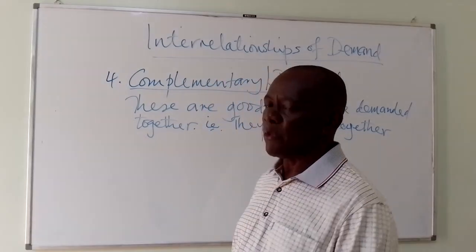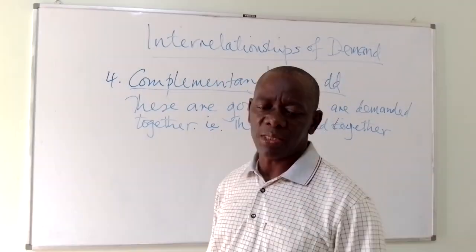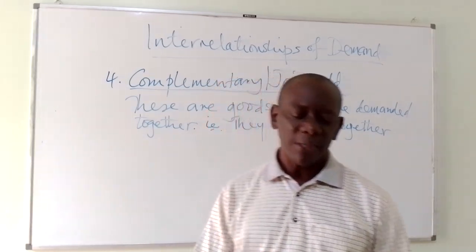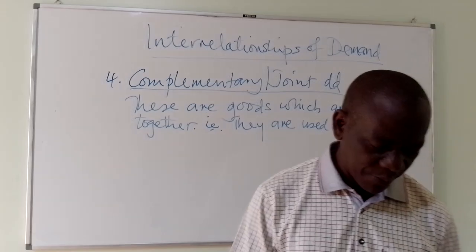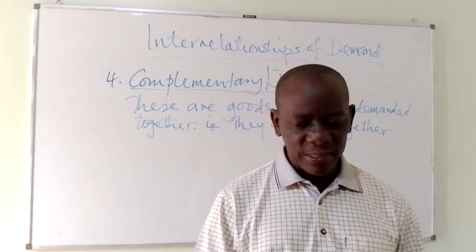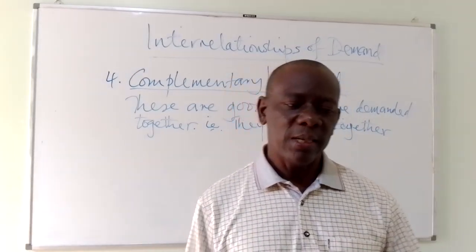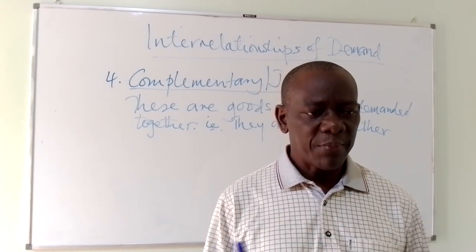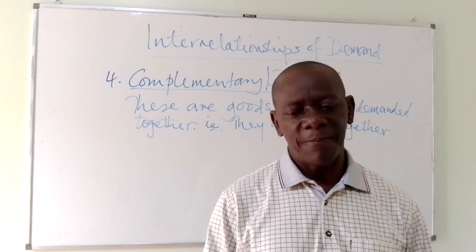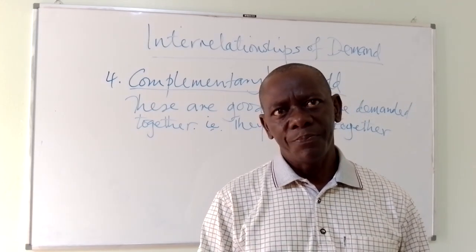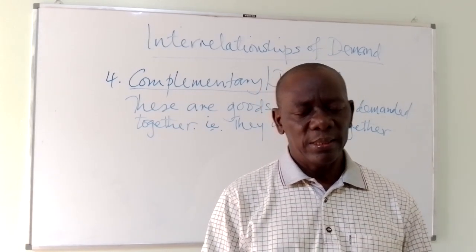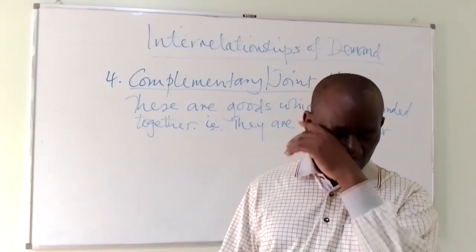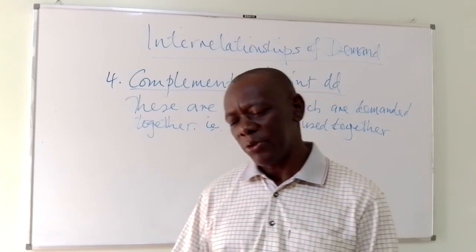But here, you cannot have one commodity used alone. They must move together. They must be used together. They are complementary. Once there is no this commodity, the other commodity will not be used. That is what we call complementary. They move together. These days, we have multiple sources.